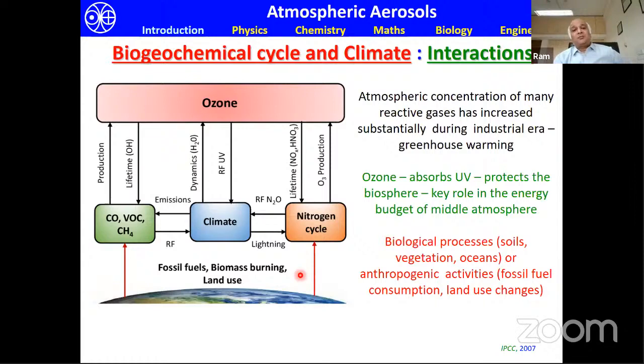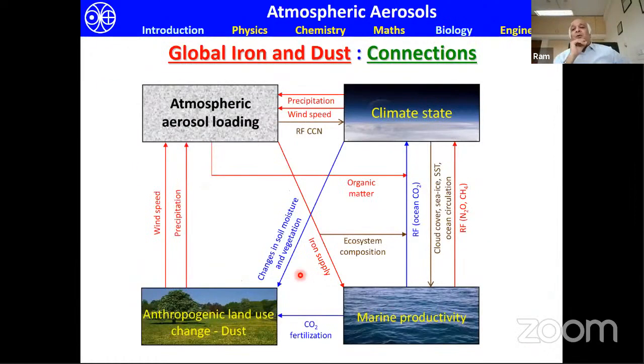The next connection comes from the amount of dust that gets transported to the ocean. The dust is an important source of iron in the ocean. This depends on the scale of parameters involved, which includes the atmospheric aerosol loading, the state of climate, the changes in the land use and the dust that comes out of it, and the marine productivity.